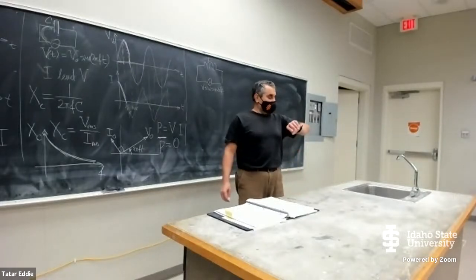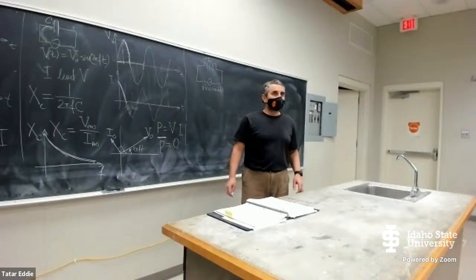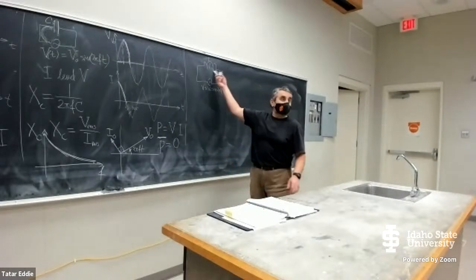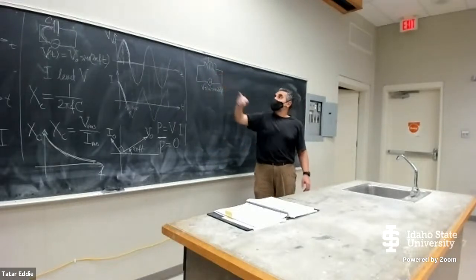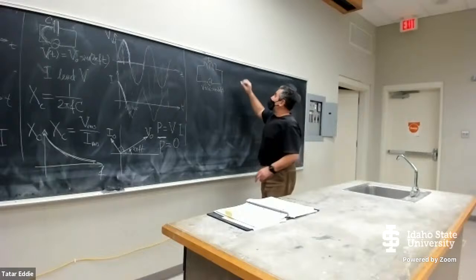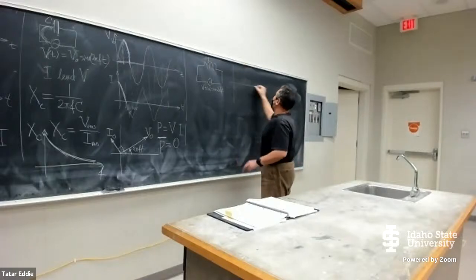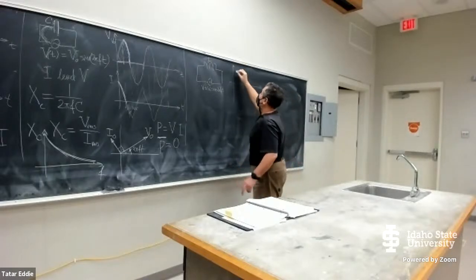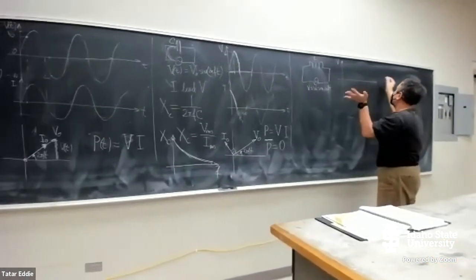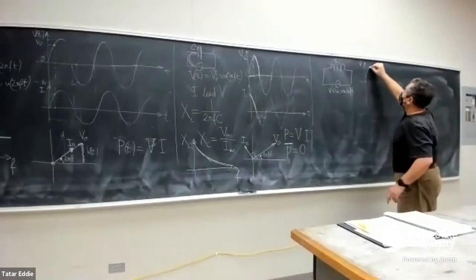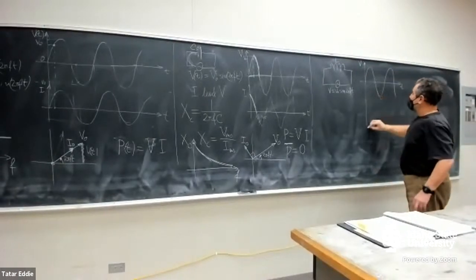Okay, so we're kind of running out of time. But the next circuit that we're going to repeat the same pattern for is a circuit that contains a single inductor. And look at what is going to be the situation with this simple circuit. The voltage created by the generator is still the same. So it still looks like a sine function.